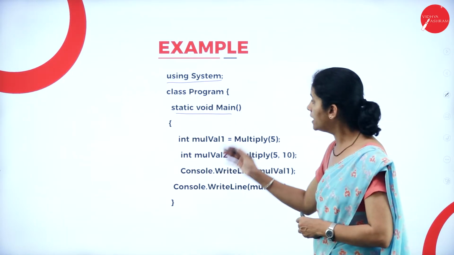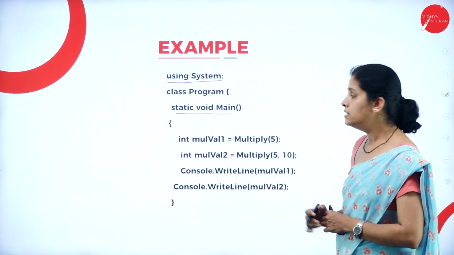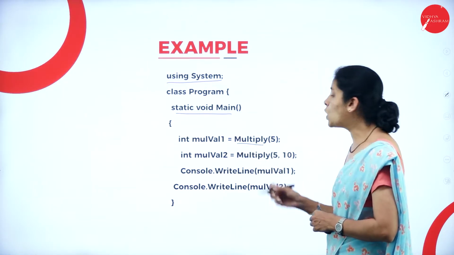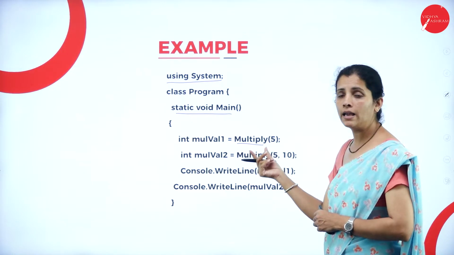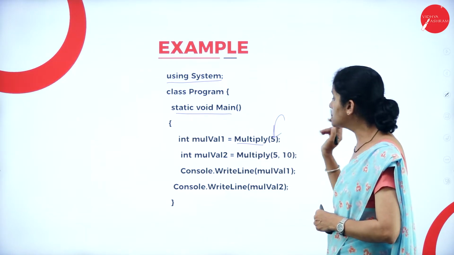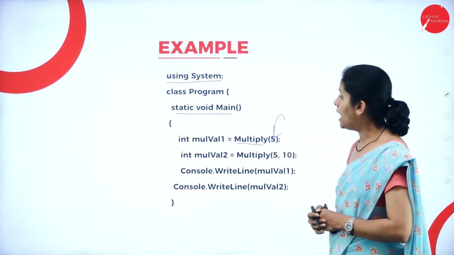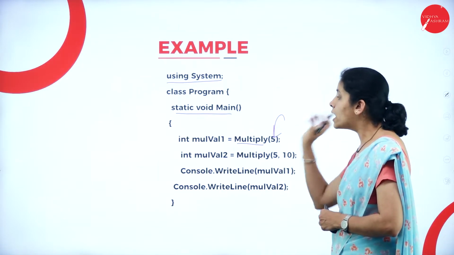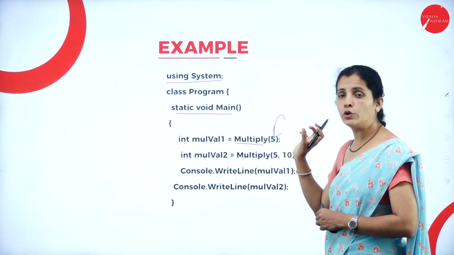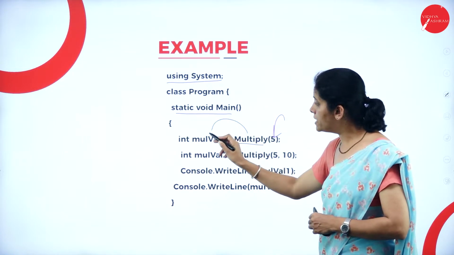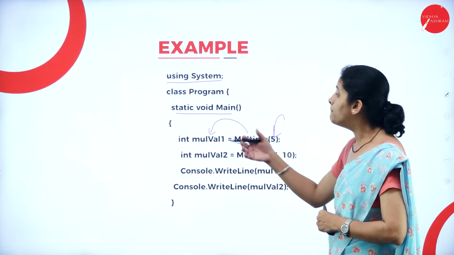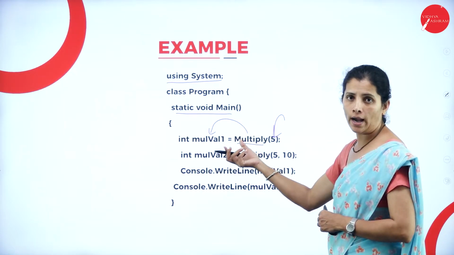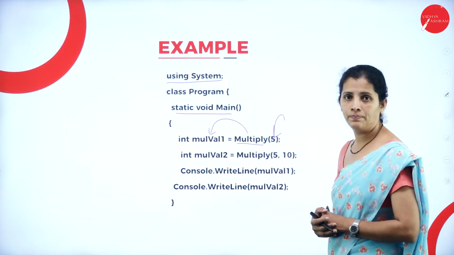Now, inside the main function, I am going to call the method called multiply and pass the value 5. And whatever return value I get must be stored in the variable multiplication value 1, which is of type integer.